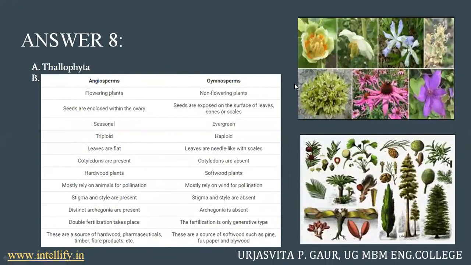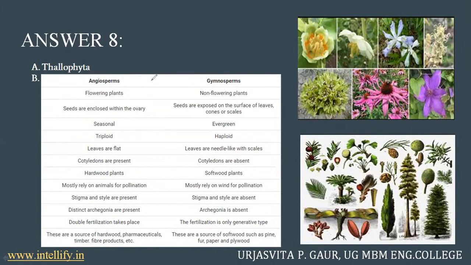The answer to the first part: the division amongst the plants which have simplest organisms, no complexities, are thallophytes. Those are the simplest organisms amongst the plant divisions. And then to differentiate between gymnosperms and angiosperms, I have tabulated the difference between the two of these. And this way you can easily remember these differences as well.